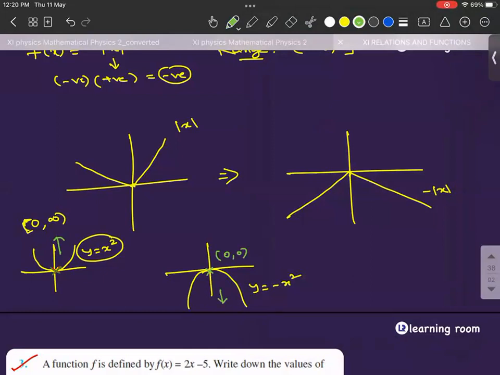So the value in the downward direction is the least value. When you report it, you should write it as minus infinity to 0. You should always come from bottom to top when writing the range. When you're writing the domain, come from left to right. That's the logic. Are you able to get some perspective? Yes, sir.